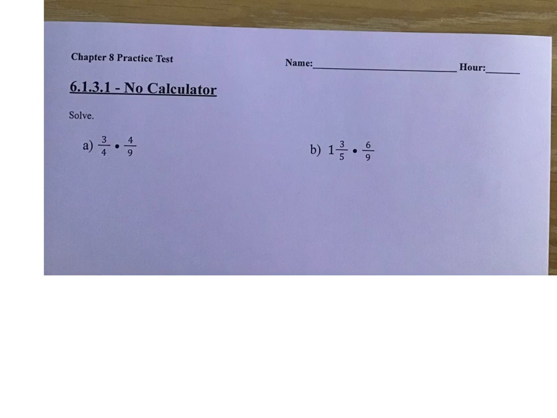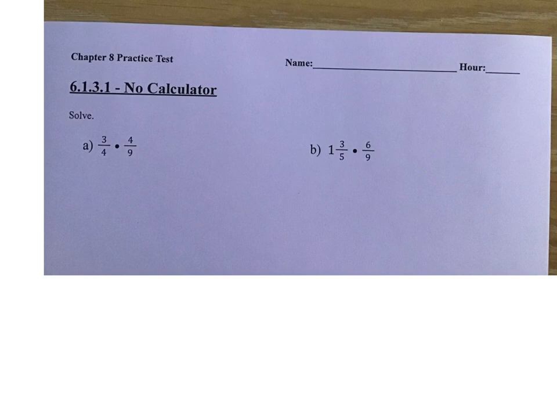Okay, now we're on the back of the sheet and no calculator. So if you still have a calculator at your desk right now, pause the video and go put it back on my side table by the blue board and then come back.